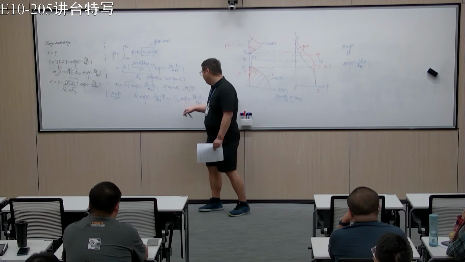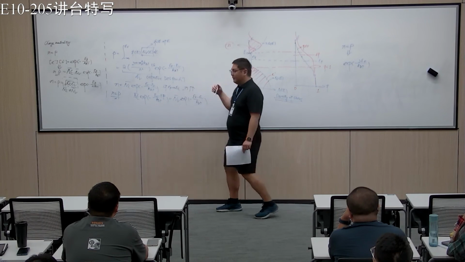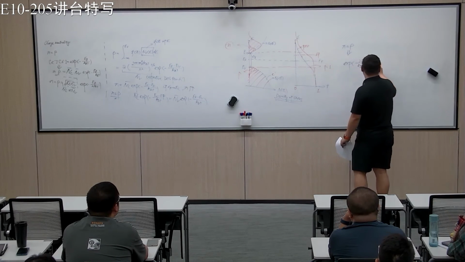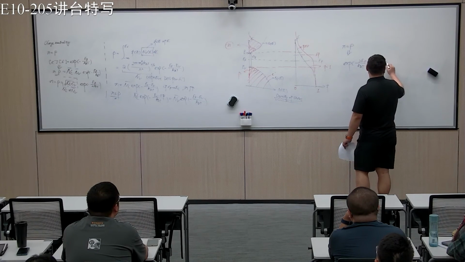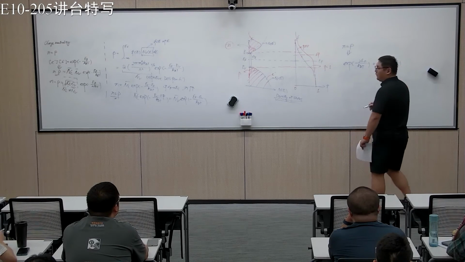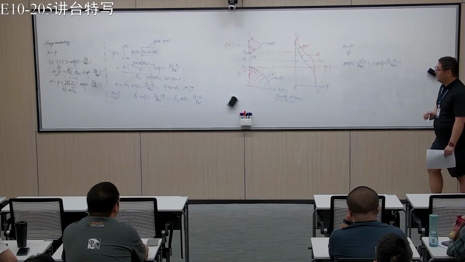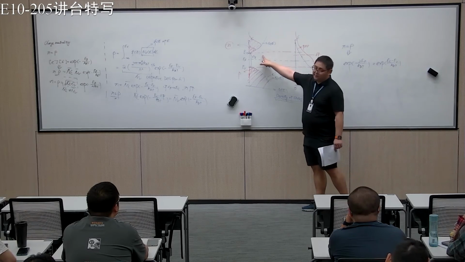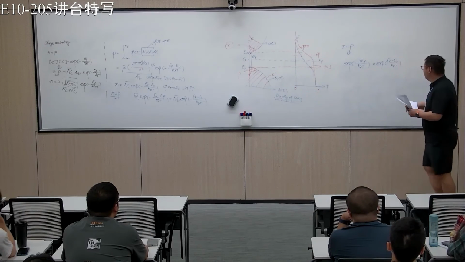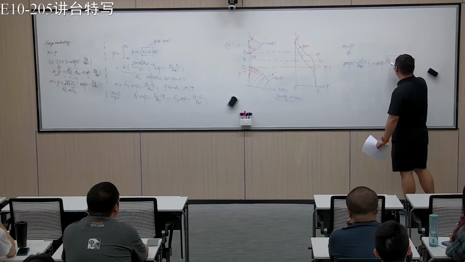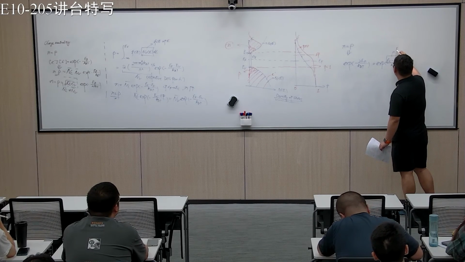It's negative here, so moving it should be positive: E_C minus E_V over k_B T. So what is E_C minus E_V? It is just the band gap, E_G.